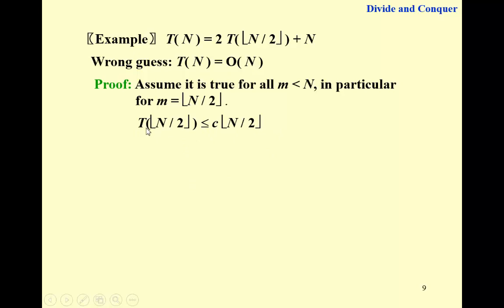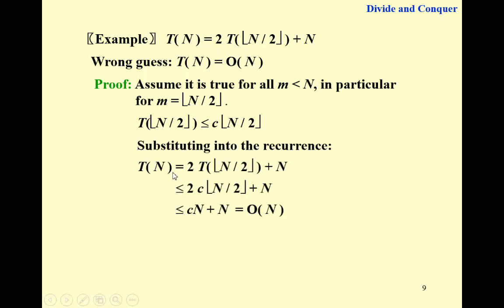Alright? Now let's substitute it into the original equation. What do we get? We have t of n is 2 times t of half of n plus n, which is bounded above by 2 times this one, right? 2 times the constant times half of n plus n.